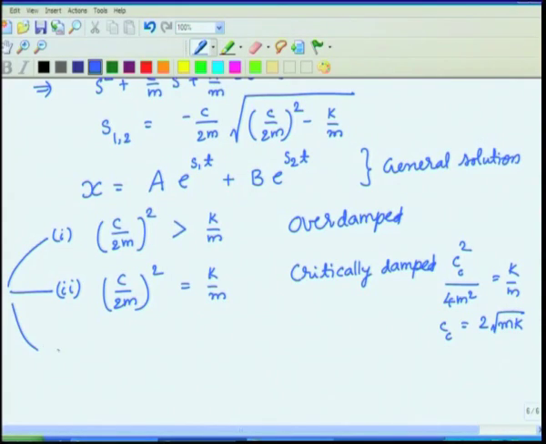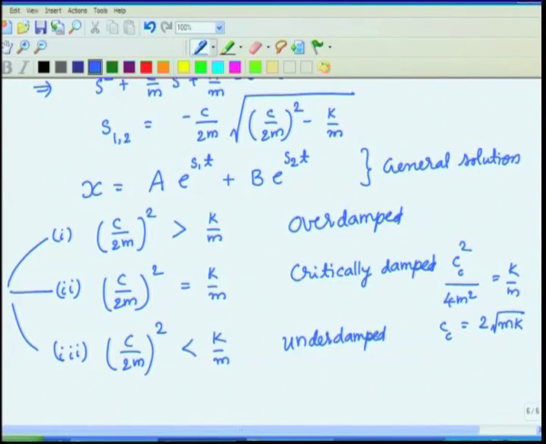The third case, you can guess what it is, is simply that (c/2m)² is less than k/m, which means C is less, and that will be underdamped. Okay.